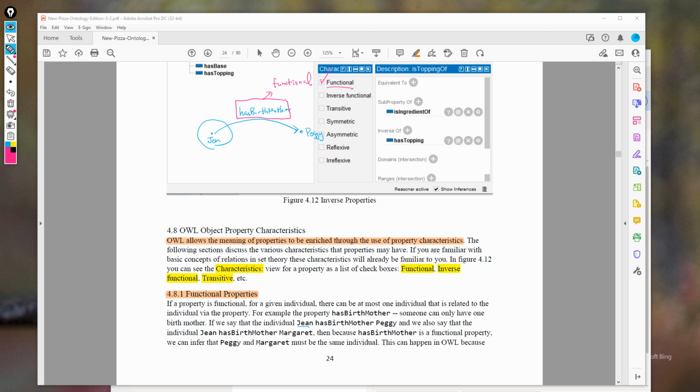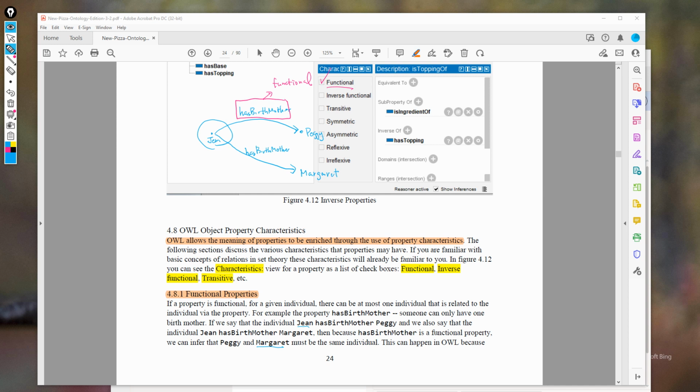and then you have another OWL statement, for example, now Jean has birth mother Margaret. Let's draw another arrow. So Jean has birth mother Margaret.